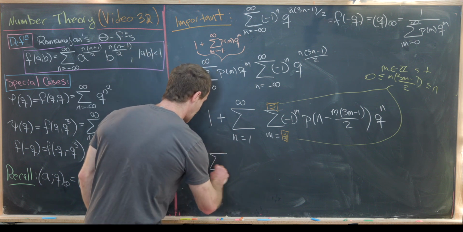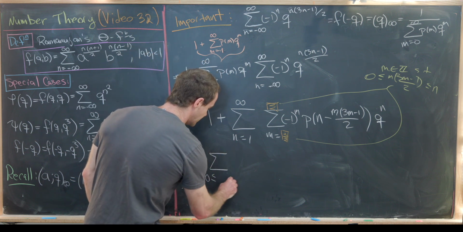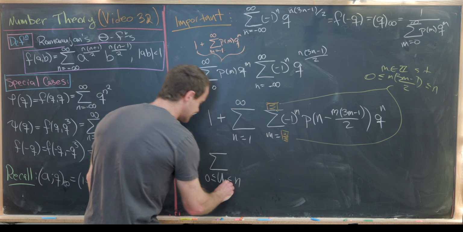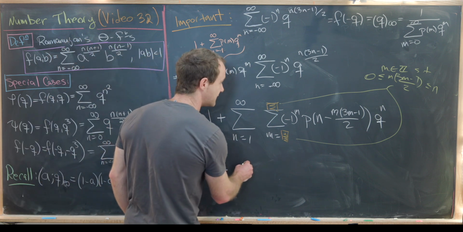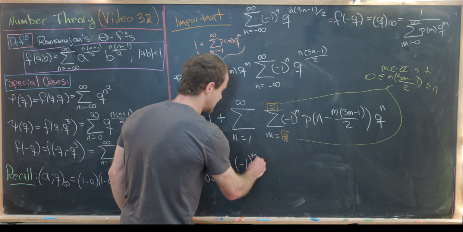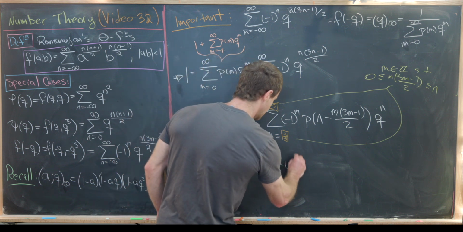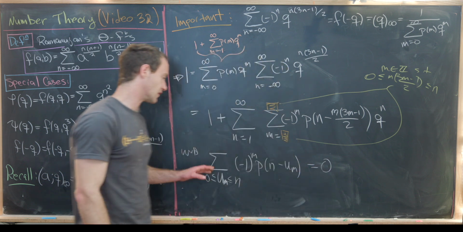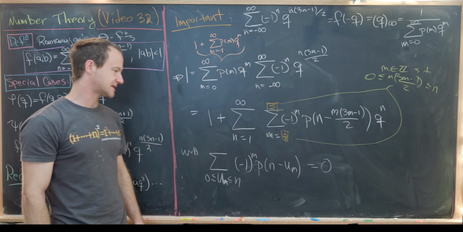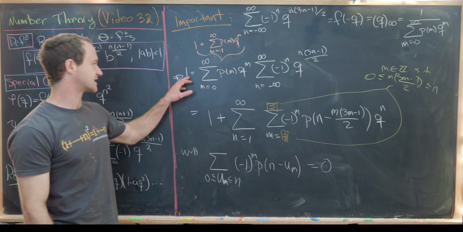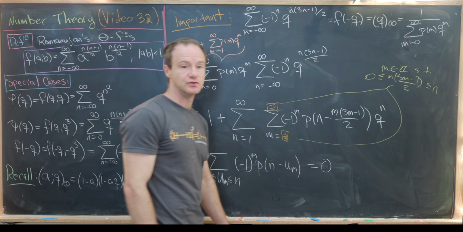We'll have this sum from 0 to n over u sub m, which I'll define in just a second, of minus 1 to the m, p of n minus u m, equals 0. So we get this bit from extracting from the right-hand side here, and this bit from extracting from the left-hand side here.